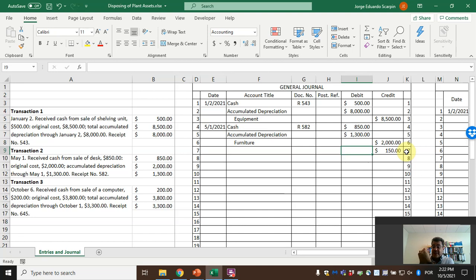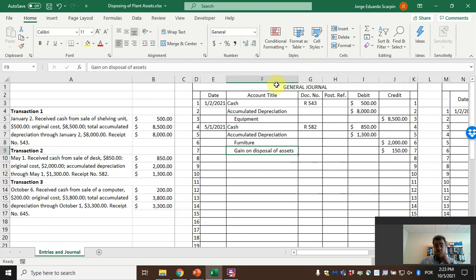Expenses and losses, they are debit accounts. So we have credit here. It is not a sale of any goods. We don't sell furniture in our company. So gain on disposal of assets. And then here we go.